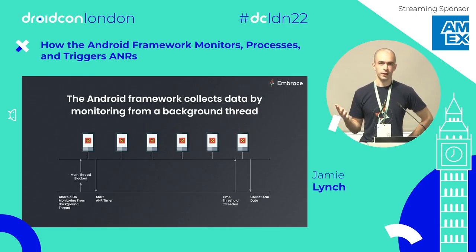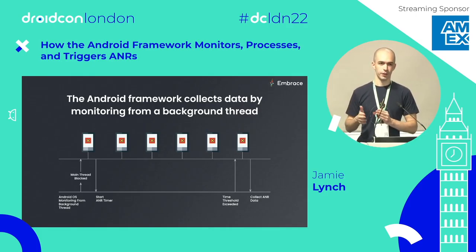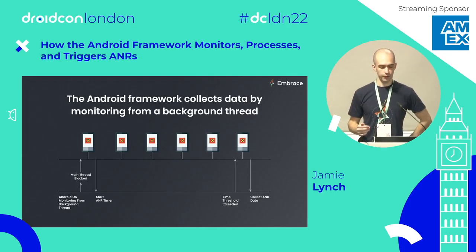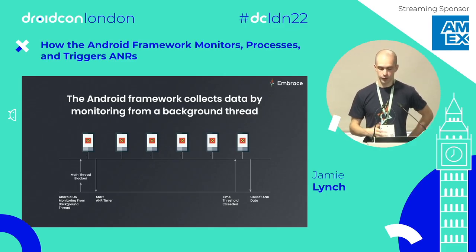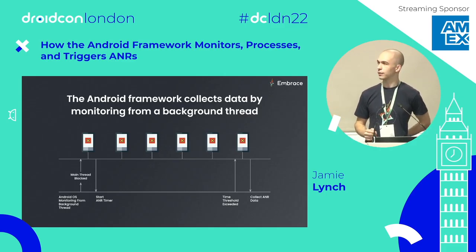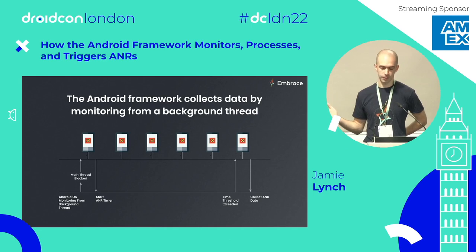As soon as that work is scheduled, the monitor thread basically has a runnable set on it. And if the main thread doesn't complete execution within like 5 seconds, then the time threshold was exceeded, and the ANR data will effectively be captured by that monitor thread automatically executing the runnable.